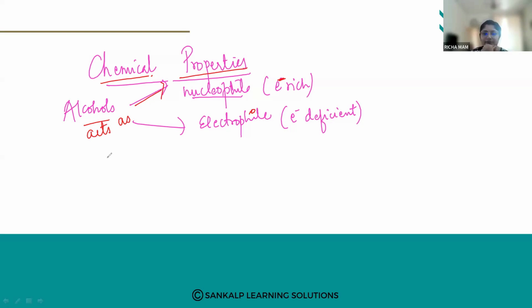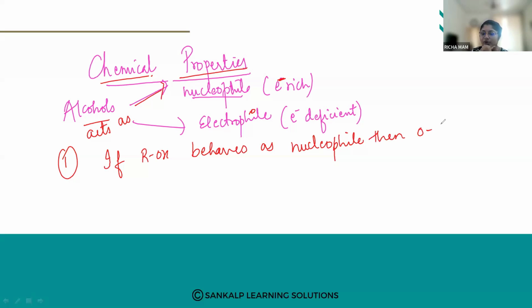If alcohol behaves as a nucleophile, then the O-H bond is broken in the reaction. How is the O-H bond broken?